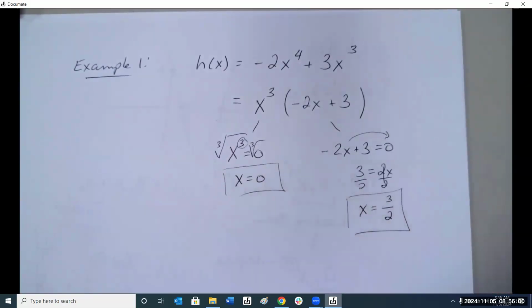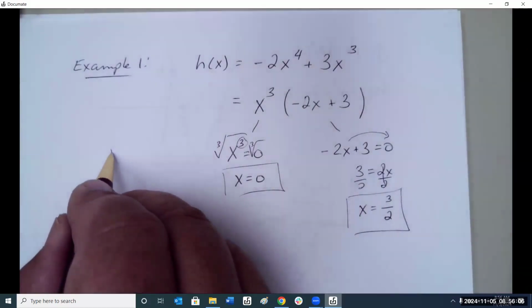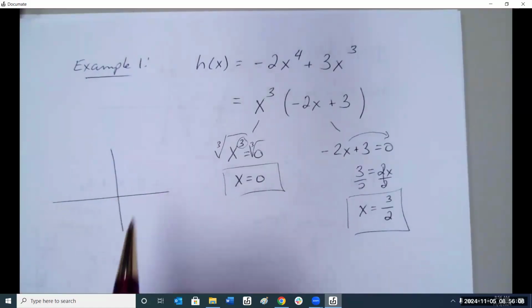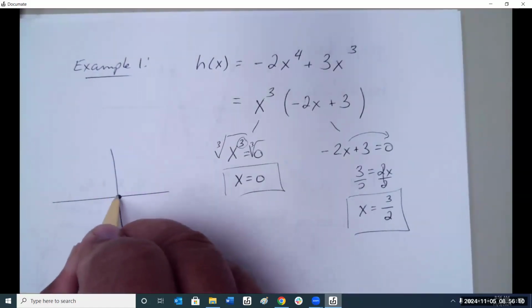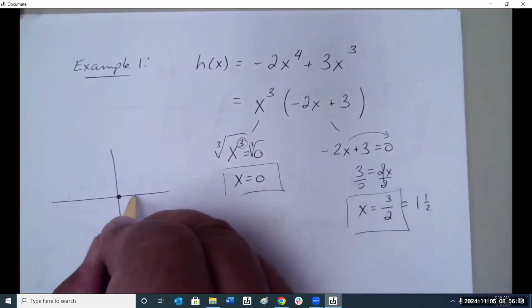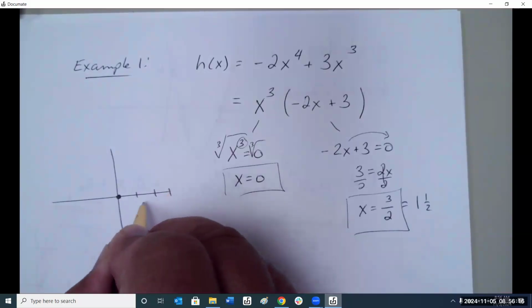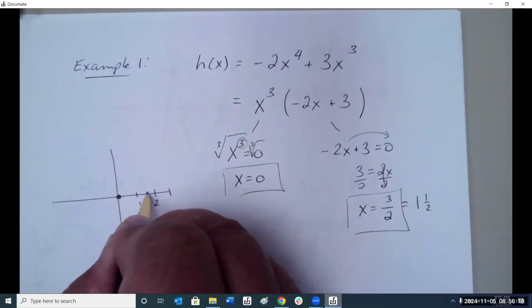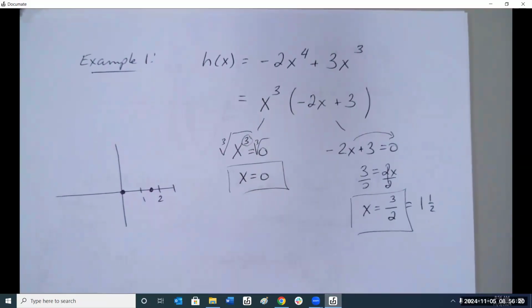These are my x-intercepts. So we have one at 0, and this is 1 1/2. What's my y-intercept?